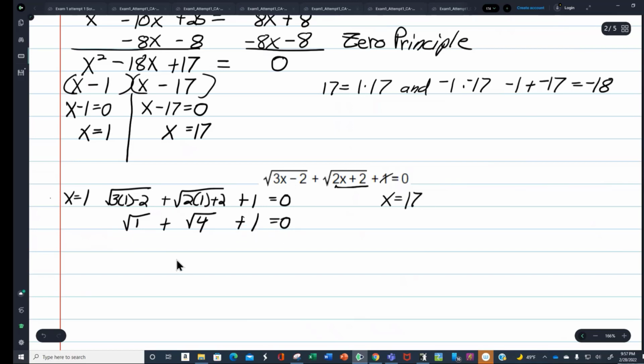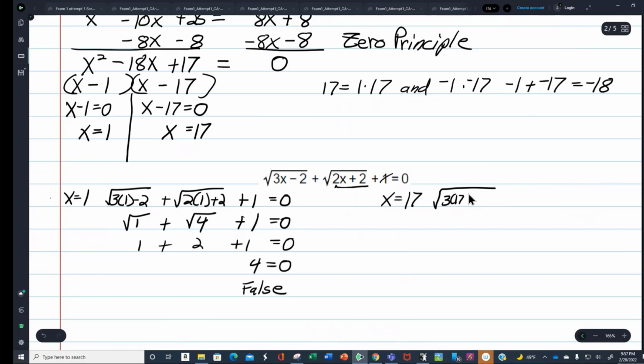Well, you can look at this and not even work it out any further, but 1 plus 2 plus 1, that's going to be not 0, but 4. So we have 4 equals 0, which is false. I bet 17 will work. Of course, I already know it won't, because I looked at the answer, right?